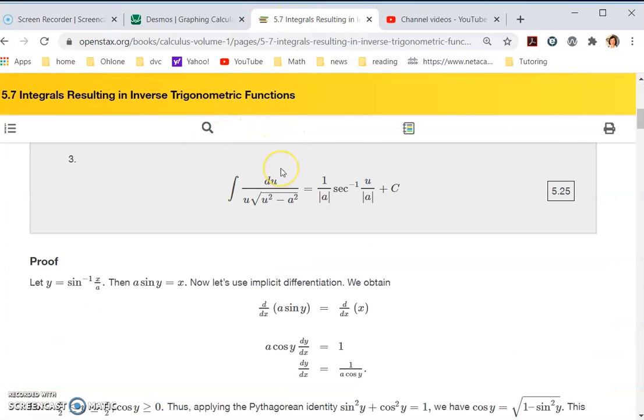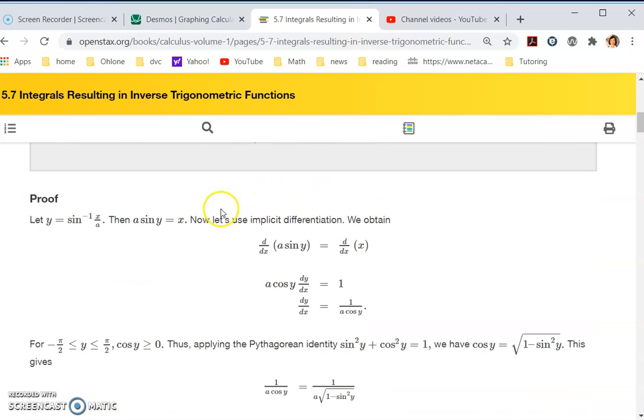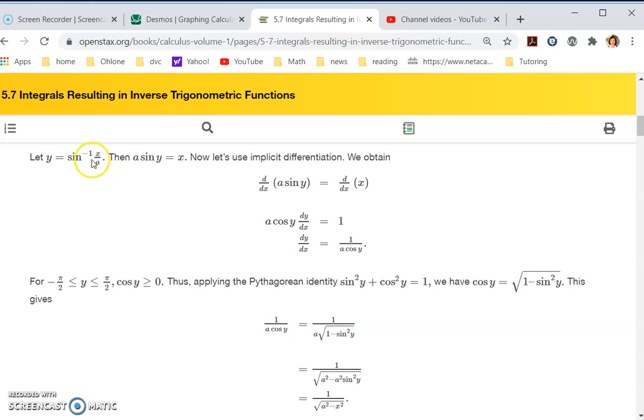In section 5.7, the book proves these three rules. For the first rule, you let y equal sine inverse of x over a, so sine y is equal to x over a. Then you take the implicit derivative, so it becomes a cosine y times dy/dx equal to 1.